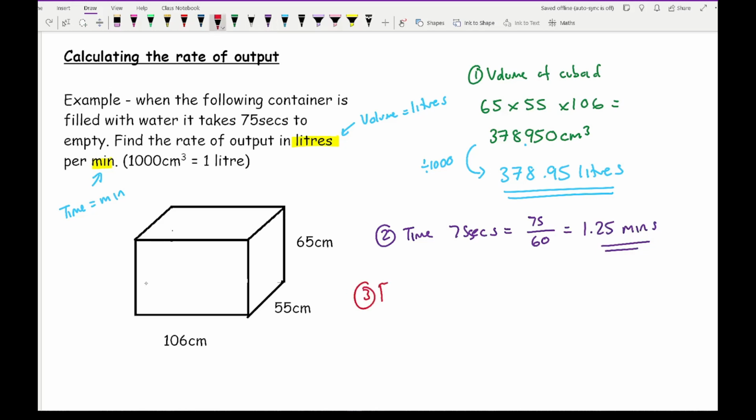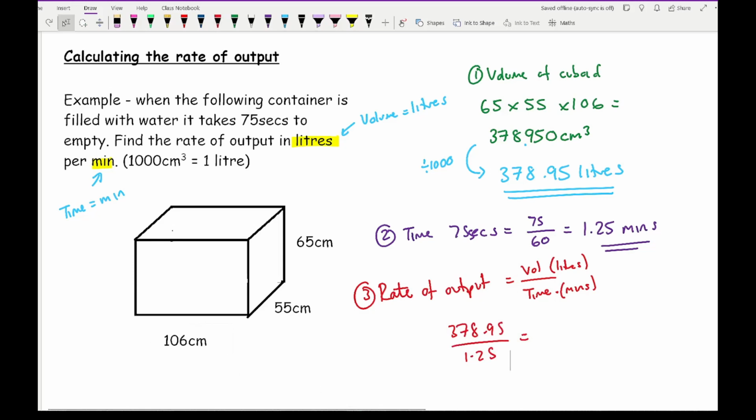Now that my units are converted, the next thing for me to do is to work out the rate of output, which again, the formula is the volume divided by the time, and the volume is in litres and the time now is in minutes. So my rate of output is going to be in litres per minute. So it's going to be 378.95 divided by 1.25.